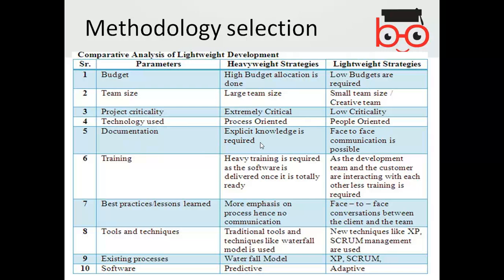However, in the lightweight, you do not really get any written documentation from the customers in advance, or maybe you do not provide them the initial documentation, but you focus on basically the production of the prototype in minimum time. So the documentation regarding the heavyweight and lightweight matters. Training.